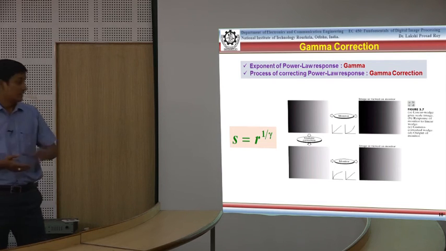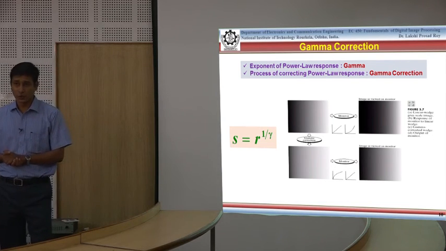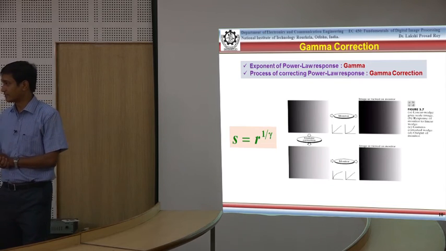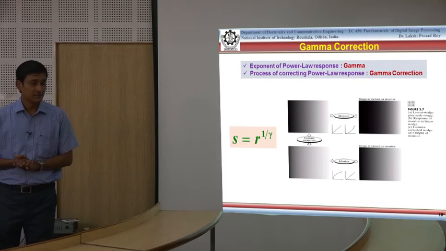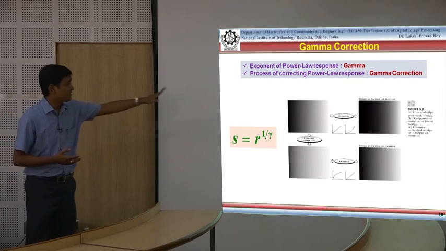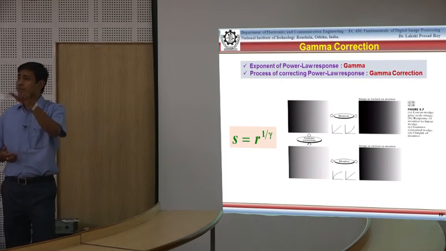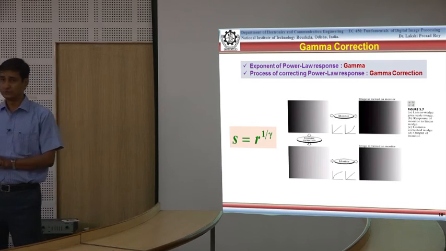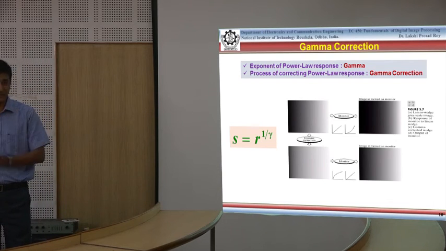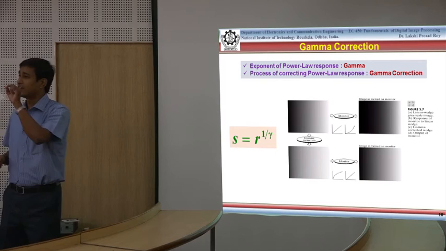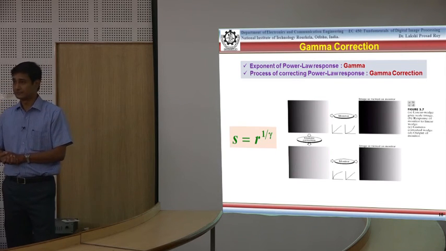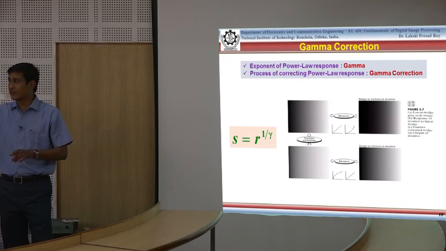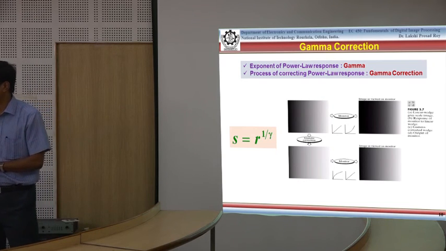Now, let us mathematically represent this nonlinear curve. They found that the nonlinear curve is just like R to the power 1 by gamma, where gamma is some value, so the power is a fraction, for which the intensity values vary that way.